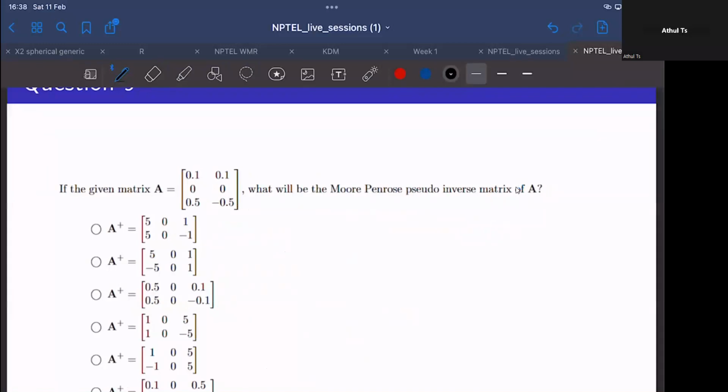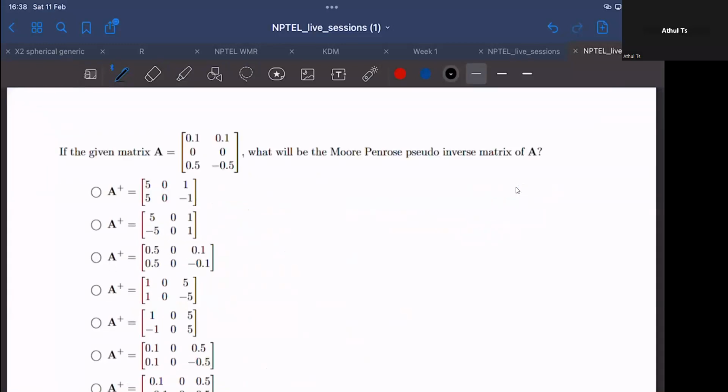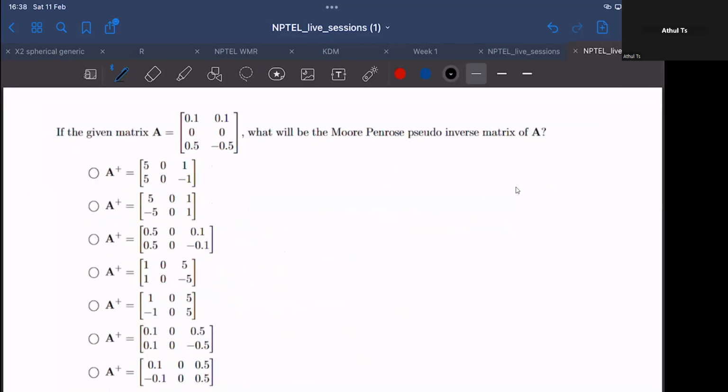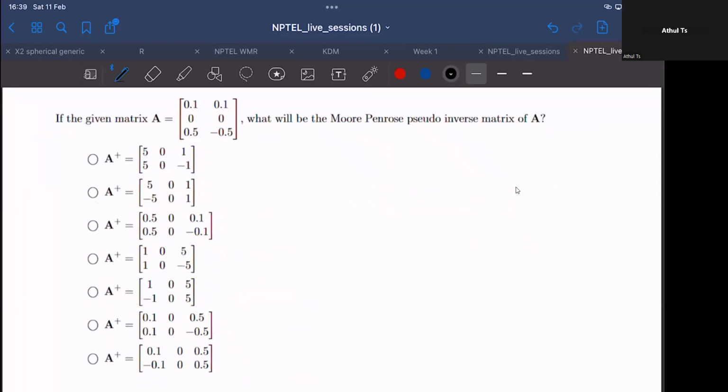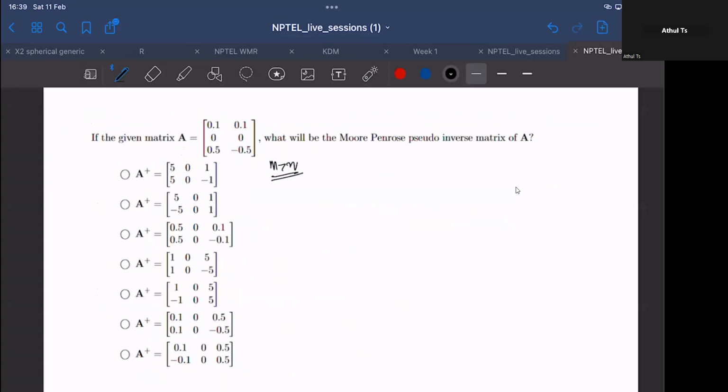So moving on to question 9. I think we have around a few more minutes to wind up this session. We have a rectangular matrix that has more rows than columns, exactly similar to our previous case.